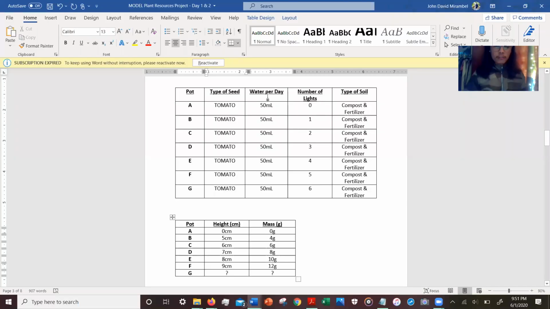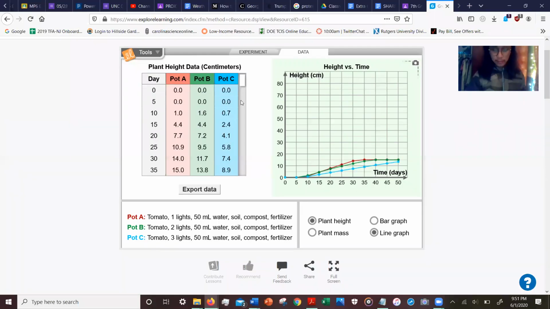Let's go ahead and go over reading data tables and graphs. On the left, I have a data table. On the right, I have a graph. You already are familiar with data tables and are able to see pot A, pot B, and pot C. Pot A has 1 light, pot B has 2 lights, pot C has 3 lights, and the rest of the other variables are control variables.